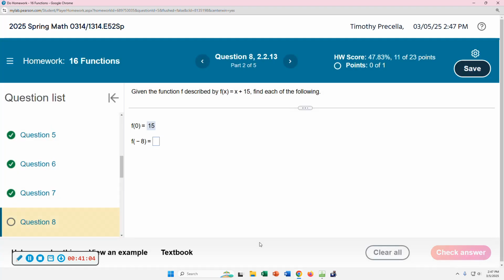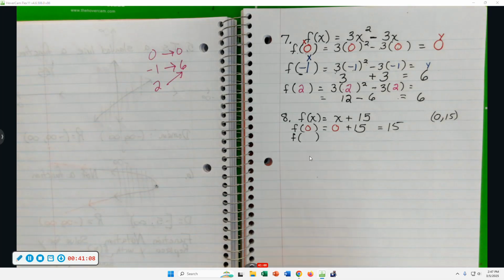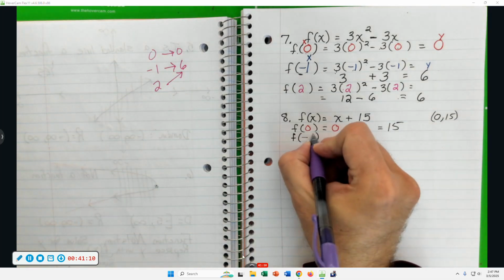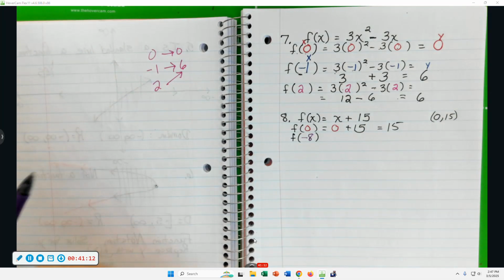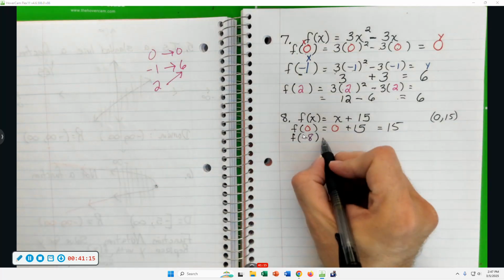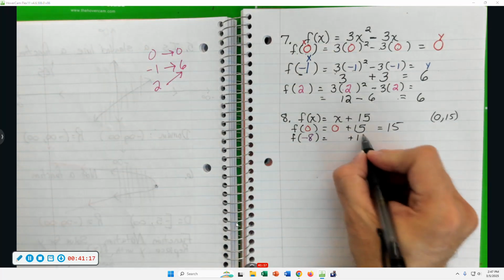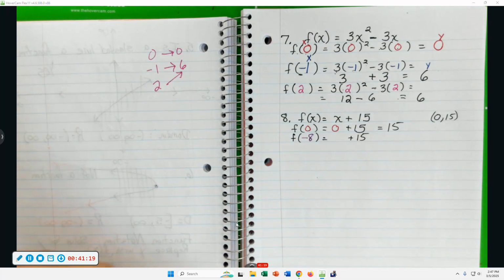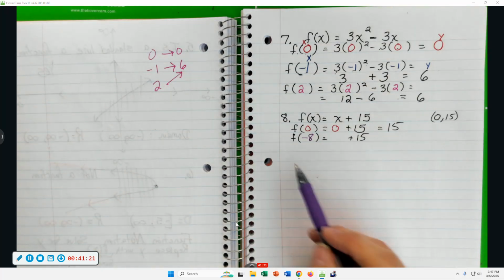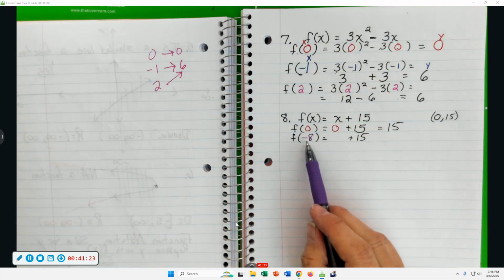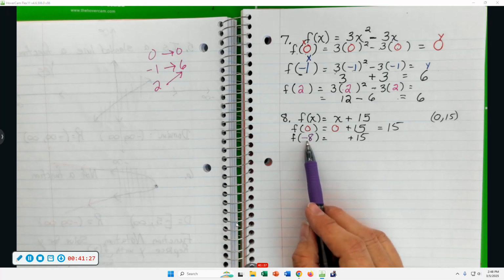F of negative 8. Don't y'all just love those problems with all these different parts? Well, at least the parts are short. Okay. What's that saying to do? F of negative 8. Someone came up to you and said, what are we supposed to do here? You're going to replace any variable you see with negative 8.